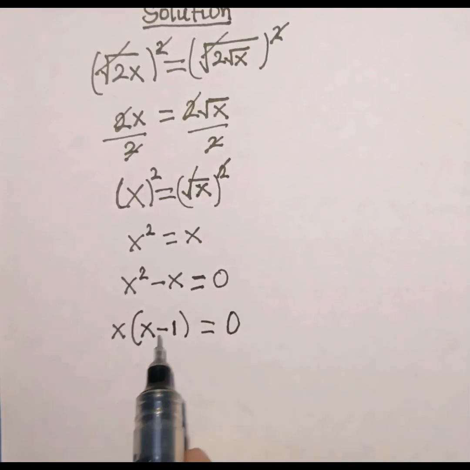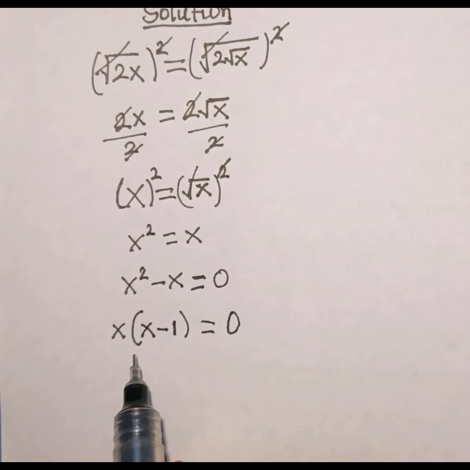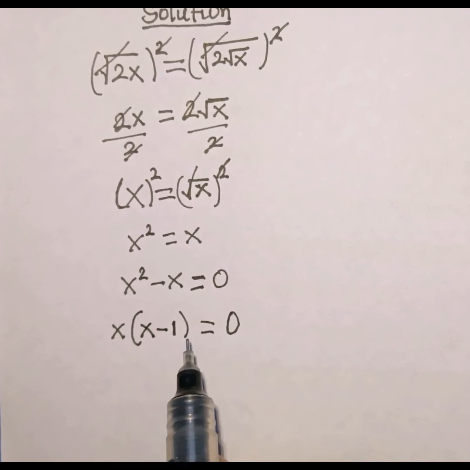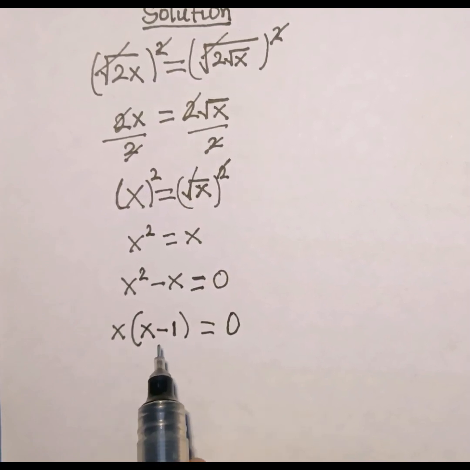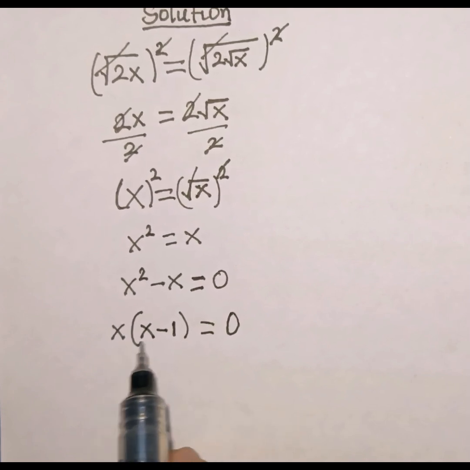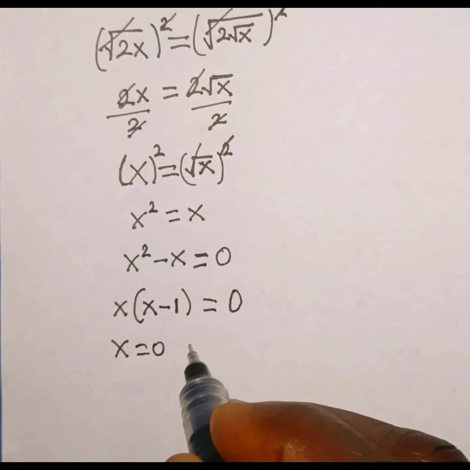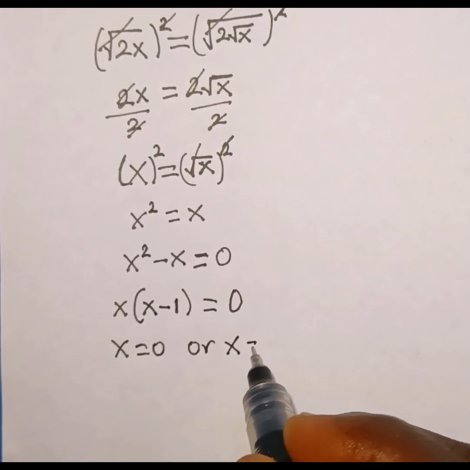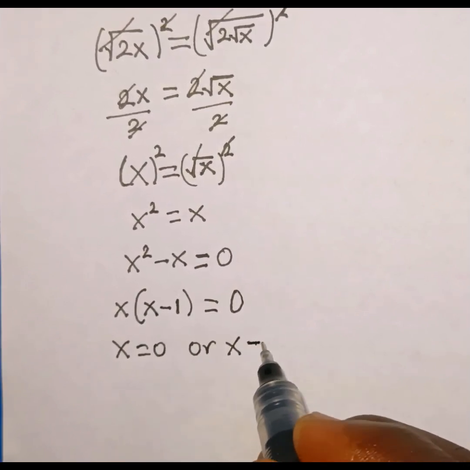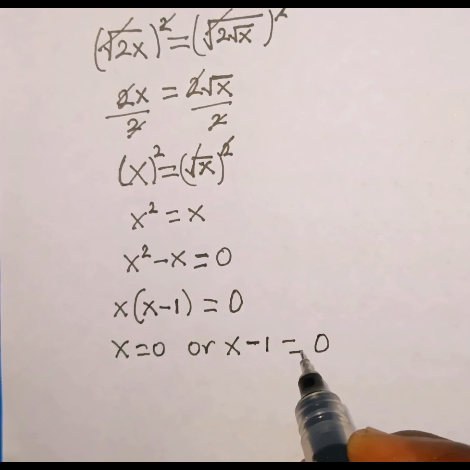As you can see, x is multiplying this bracket, and when two terms multiplied together give 0, one of them is 0, but we don't know which one is 0 out of these two terms. So we're going to equate the first one to 0, or the second one, which is x minus 1, to also be 0.